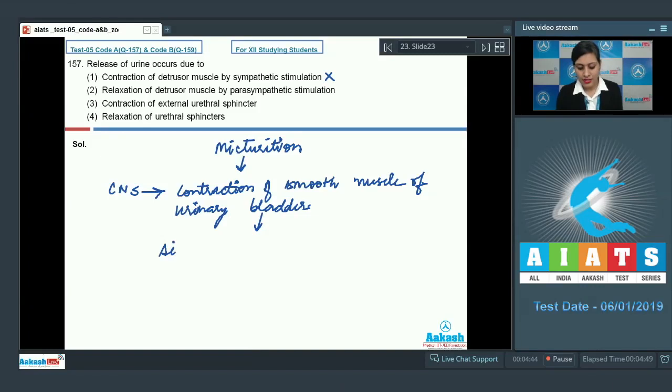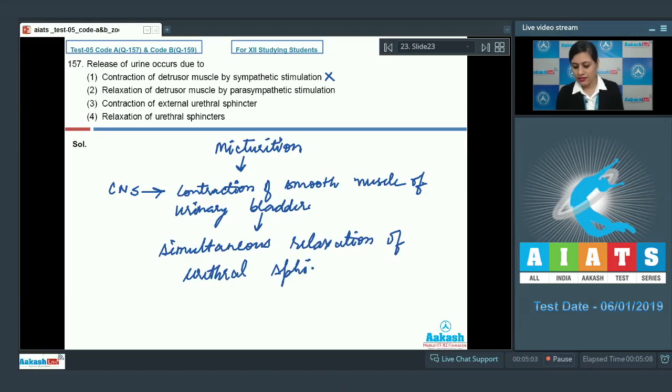and simultaneous relaxation of urethral sphincters, whether internal or external urethral sphincter, causing release of urine.